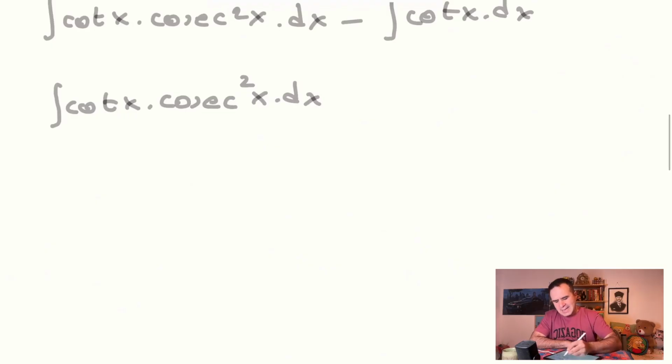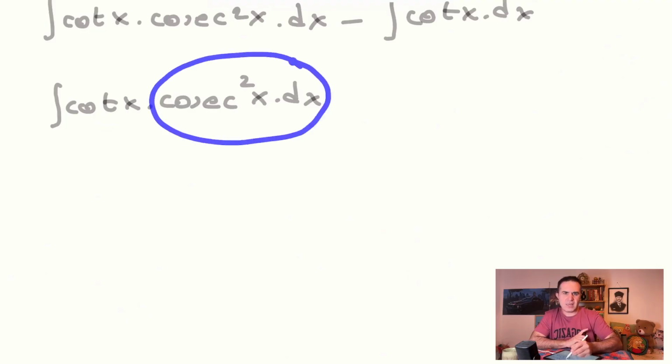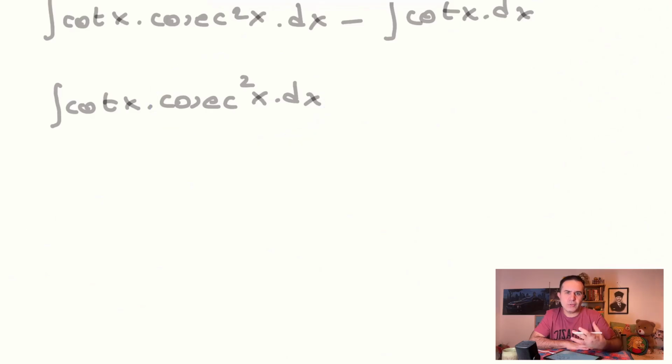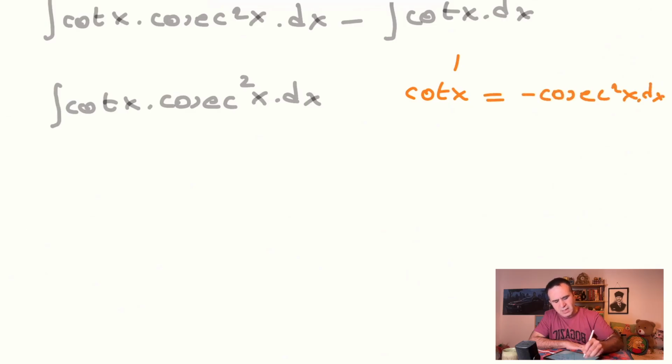Okay, this is an important integral here. If you have cotangent x and cosecant square of x dx, always you use substitution. Why? Because the derivative of cotangent x is equal to minus cosecant square of x dx.